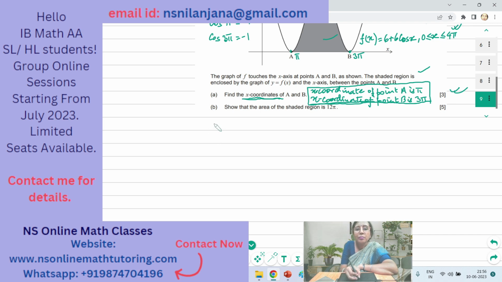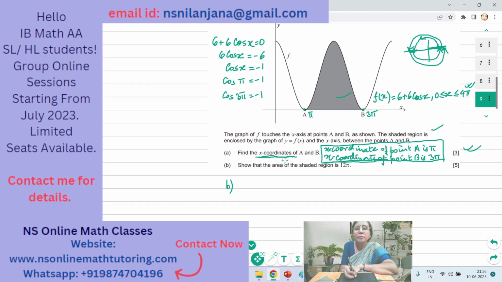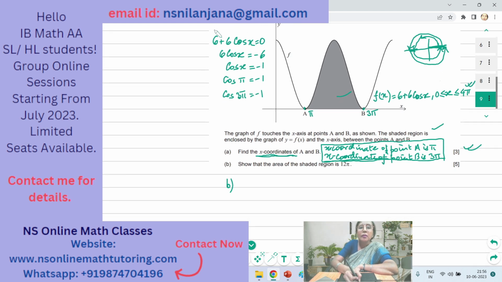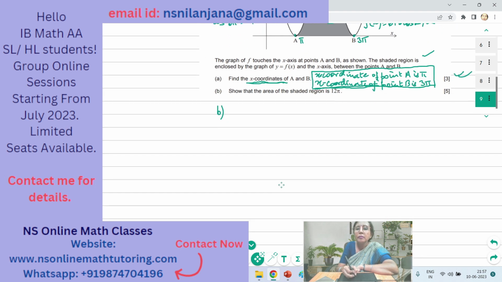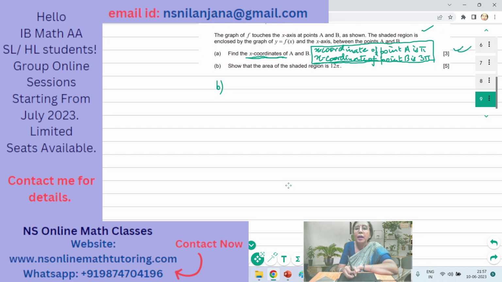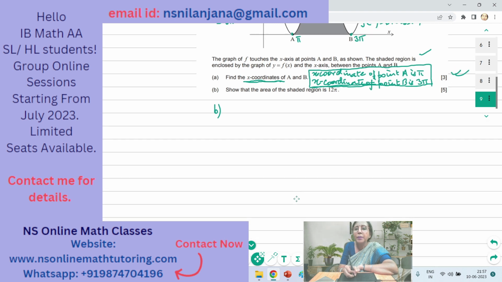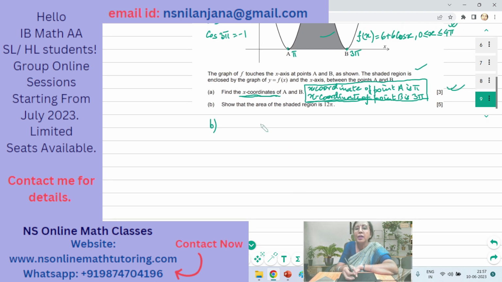That was the working of subpart A actually, and now we come to subpart B. Let me just show you the function expression: the integral of 6 plus 6 cos x dx.